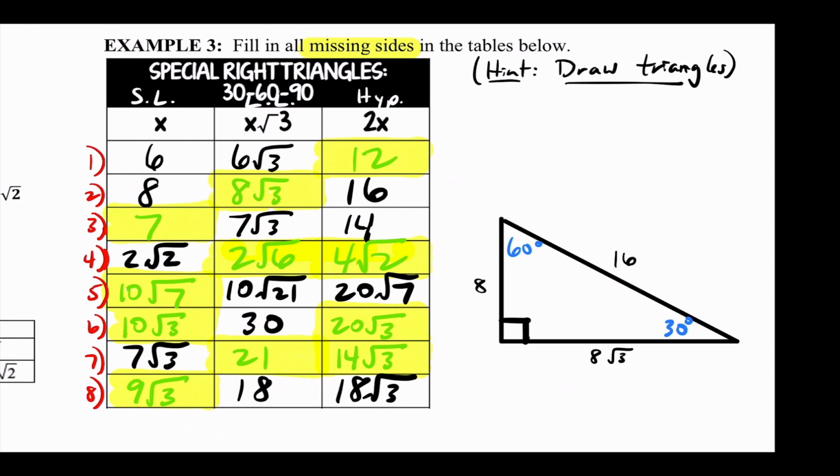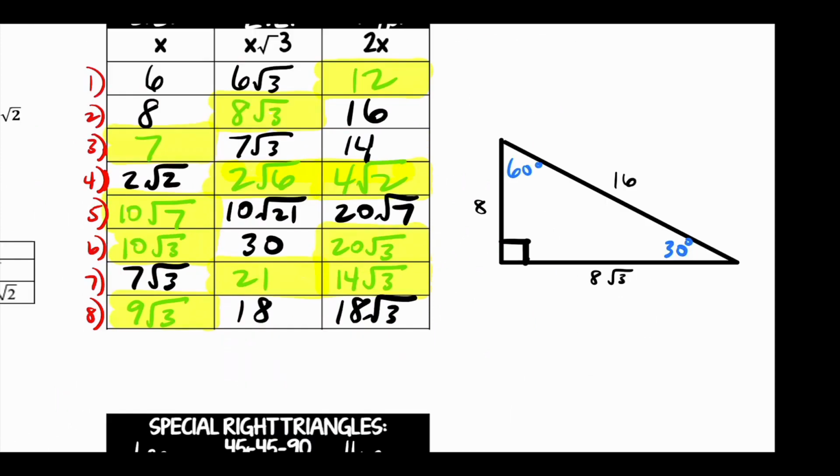So if you have anything, change it. And then the 45, 45, 90 table is right.